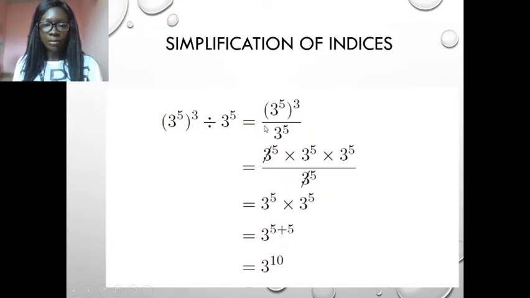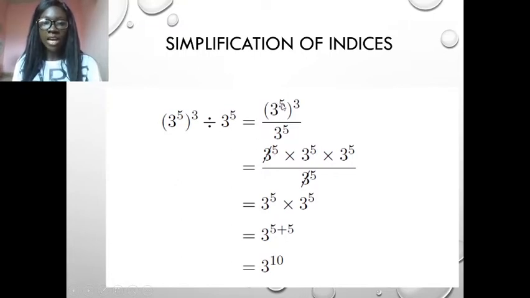Now this divide, I'm going to make it a stroke so that I will have numerator and denominator. So it's very advisable whenever you have a problem like this, try to represent it in numerator and denominator so you're not going to make mistakes. So now this divide is my divide here. Now 3 to the power of 5, I have it as my denominator.